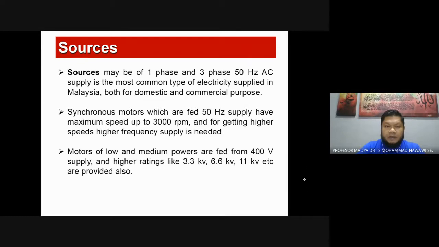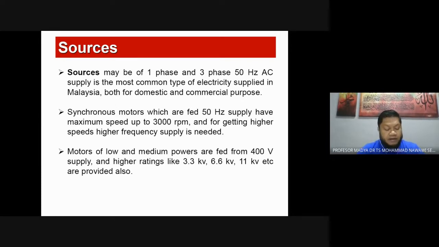Sources may be single phase or three phase. That is in terms of what you connect to the mains, we have one phase or three phase. In Malaysia we have 50 hertz. For Thailand we have 60 hertz. For America we have 60 hertz. And if you talk about aircraft, they operate at 400 hertz.